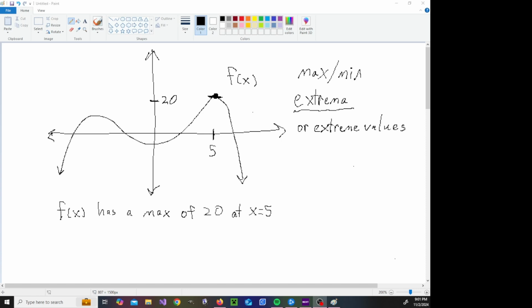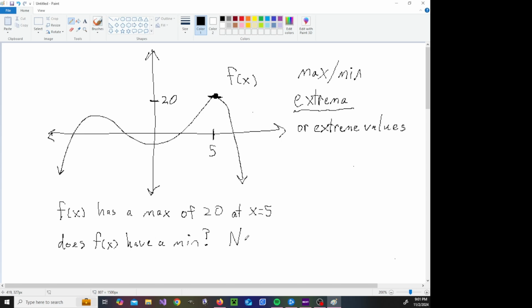However, in this context, we can see that it has a maximum here, but what about a minimum? Does f have a minimum? Is there a lowest value that this function achieves?